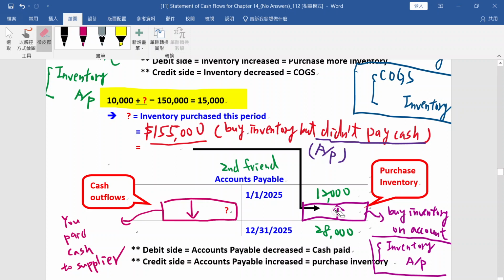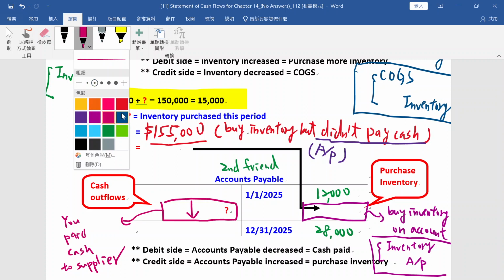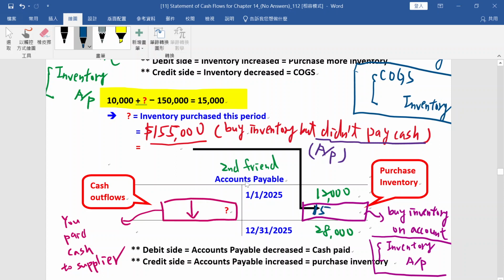Okay, so your first friend told you how much? $155,000. Okay, you got this number from your first friend, $155,000. So right now, do you know how much money you pay to suppliers?